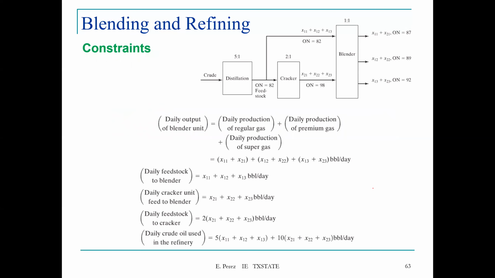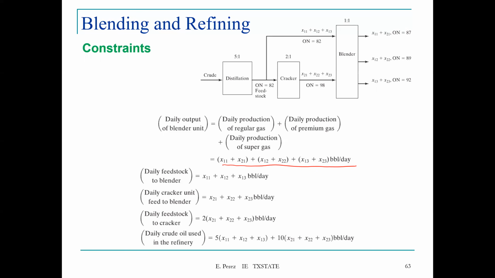And then in terms of the constraints, and here's the figure, a better representation of the figure at the top. The constraints we have the following. We have the daily output of the blender unit has to be equal to the daily production of regular gas plus the daily production of premium gas plus the daily production of super gas. So that's going to be equal to this expression right here.